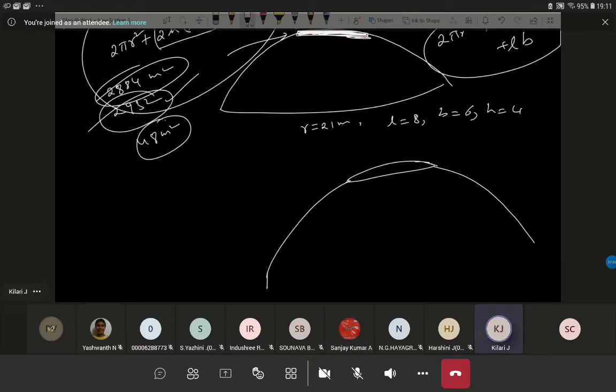Can we find that? For the flat surface, the length is 8 meters and the breadth is 6 meters. So the flat surface area will be 8 into 6.